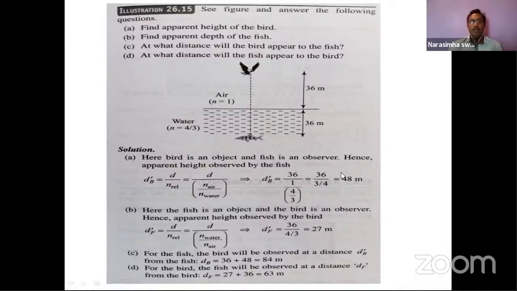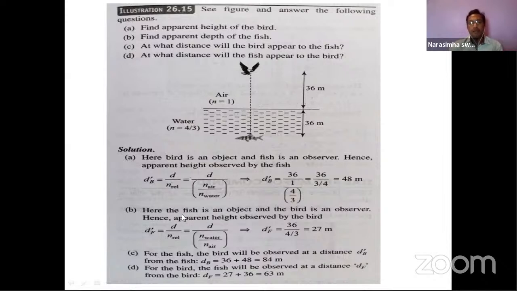Observe this figure is 48, but actually the length is 36 meters, but you got 48 meters. What you observe from this is that when the observer is in the denser medium, the object which is in the rarer medium appears at a far distance, far from the origin.